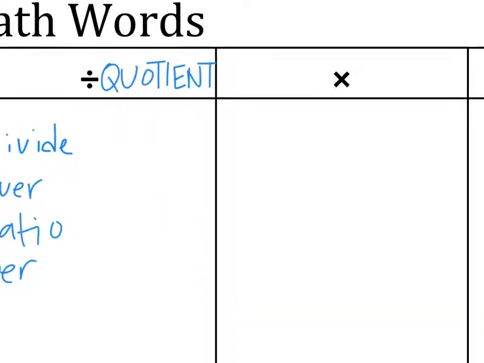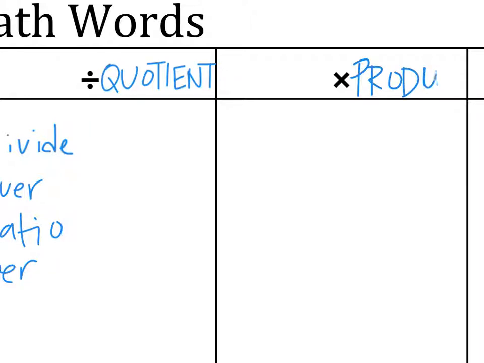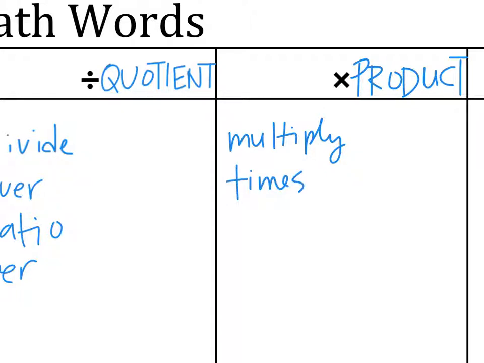Next one. Yeah? Product. Okay, product. Everybody is on a roll now. Product means multiply. Oh, I just said multiply. What else? Times, definitely. There is a 2-letter word that means multiply. Let's start with the O. It's okay. By, yeah. Sometimes you say multiply by or something like that.